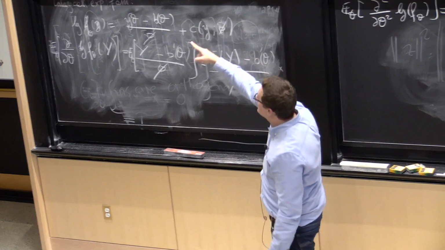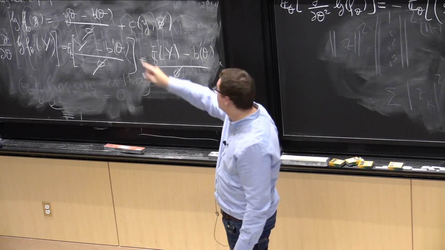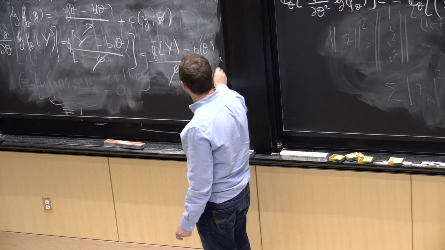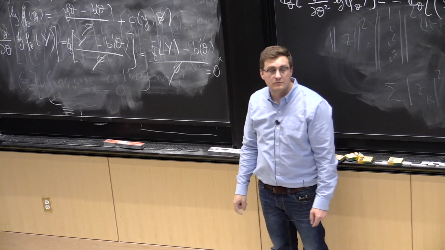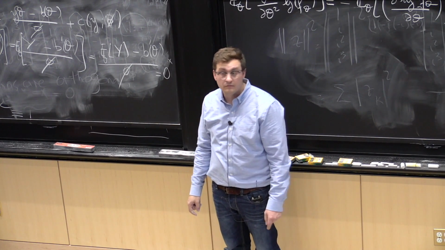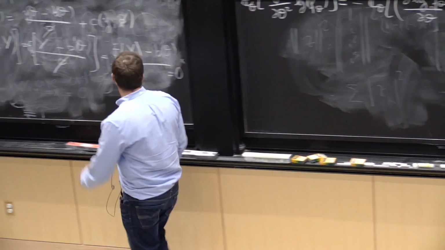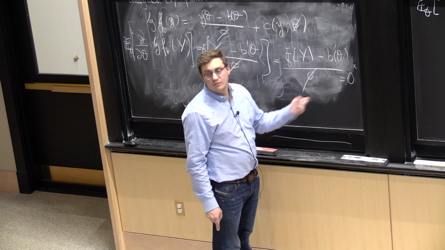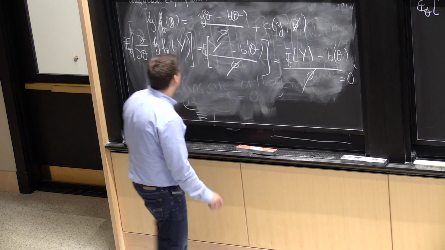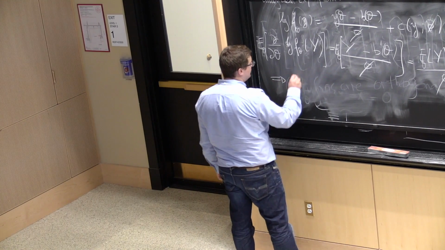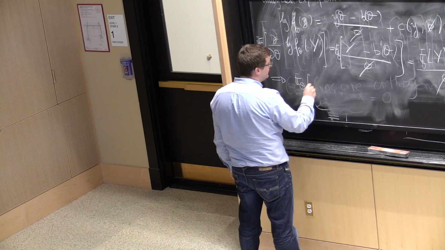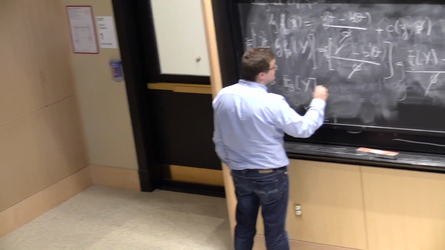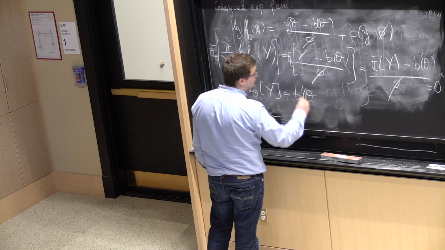But from my first equality over there, I know that this thing is actually equal to 0. We just proved that. So in particular, since phi is non-zero, or not infinity, say, this guy must be equal to this guy. And so that implies that the expectation with respect to theta of y is equal to b prime of theta.